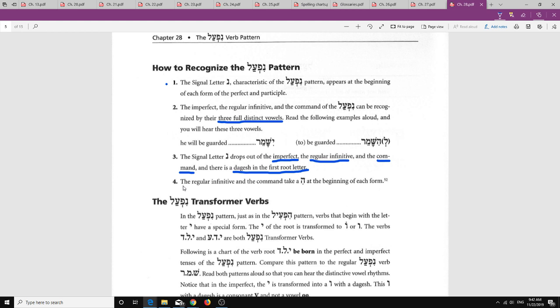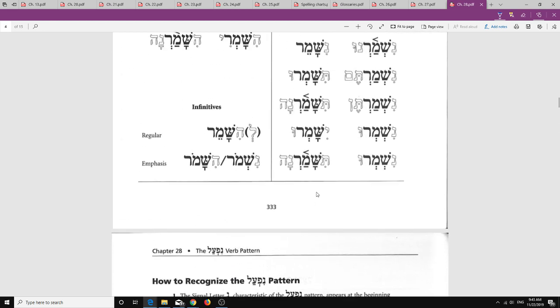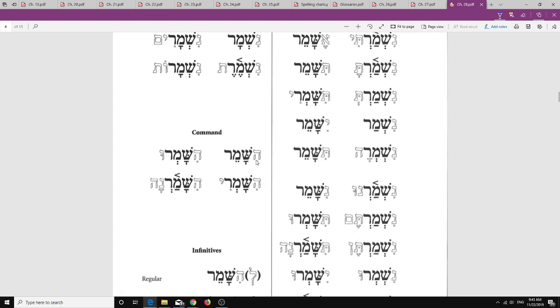Okay, last diagnostic mark, that to me is a little strange. In the regular infinitive and the command, it takes a hey hireq, kind of like the hitpael did. To me that's strange, but that's just how it works. You can still see though we're tipped off by three distinct vowels, so heshamer.